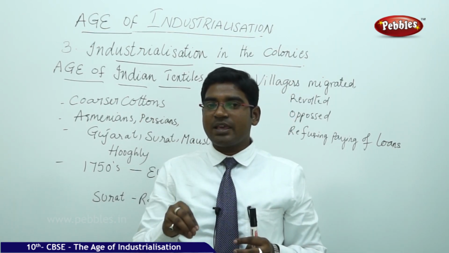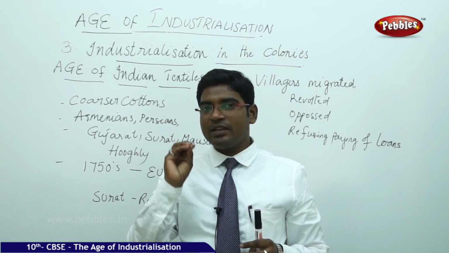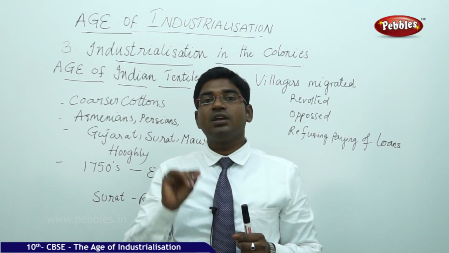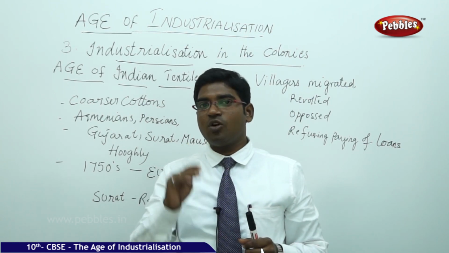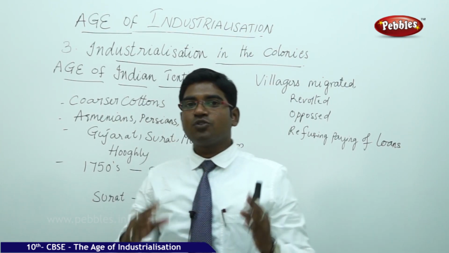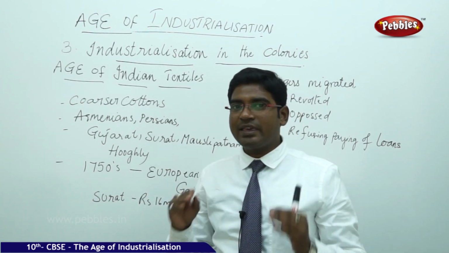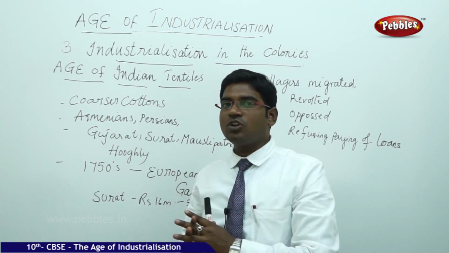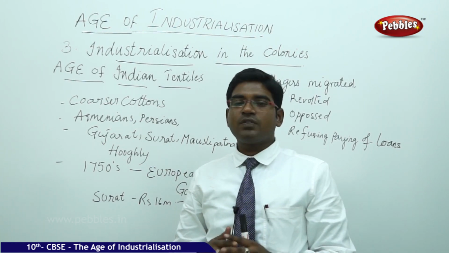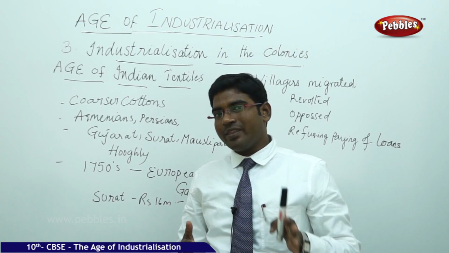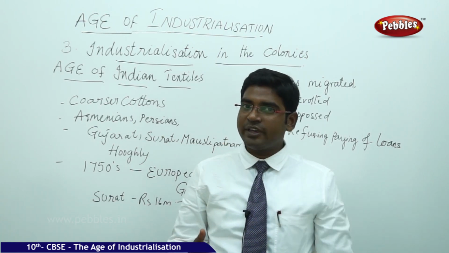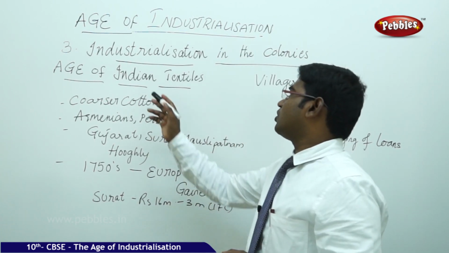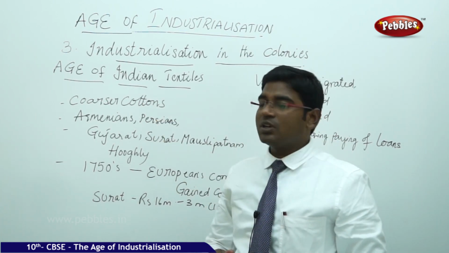This time our discussion will be restricted only to the Indian context, specifically the textile industries. The Indian textile industries are the key agenda, and we shall analyze how they emerged with the help of industrialization, whether it was favored or they got degraded. So, the age of Indian textiles.